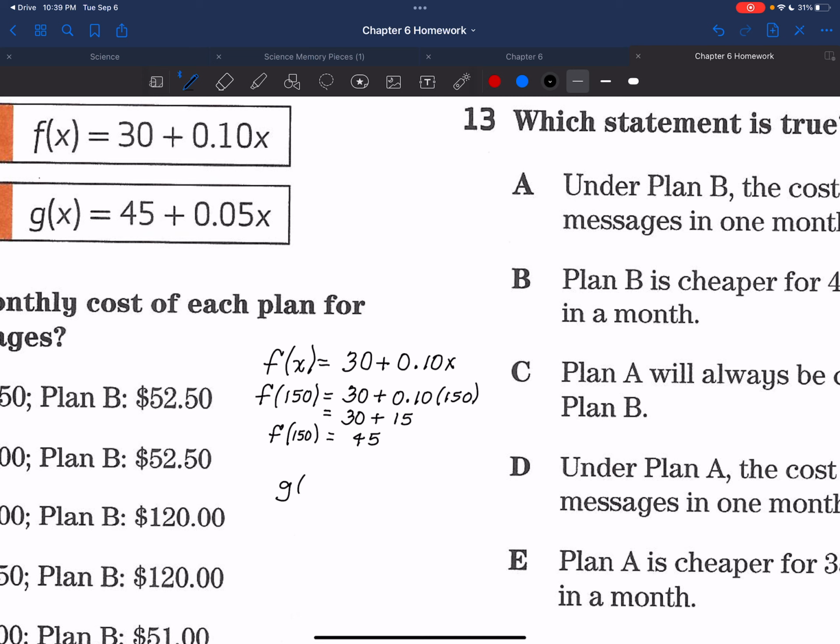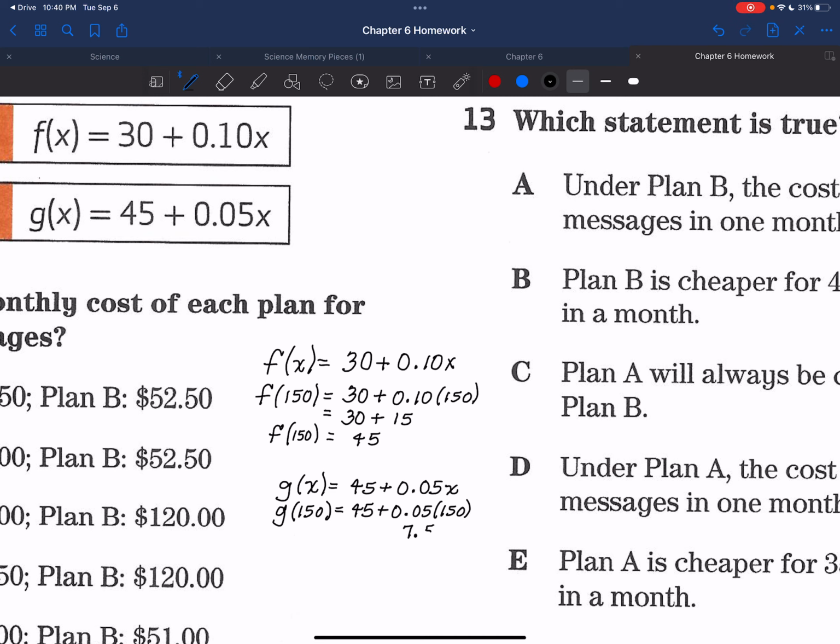For Plan B, we're using the function g of x is 45 plus a nickel per text. So when x is 150, we have 45 plus 5 cents times 150. I believe that will be 7.5, but let's make sure. And it is.